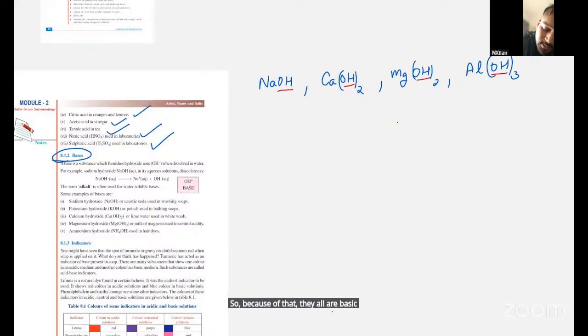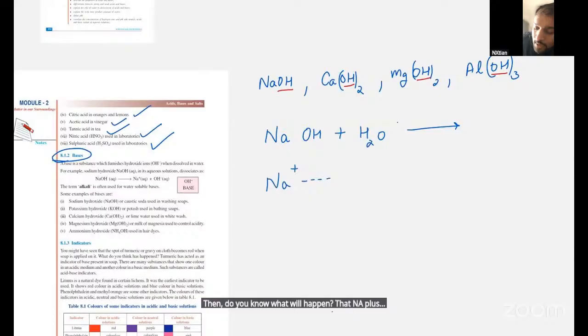So if I take NaOH and add water into it, do you know what will happen? It gives Na plus and OH minus. Everyone please pay attention.